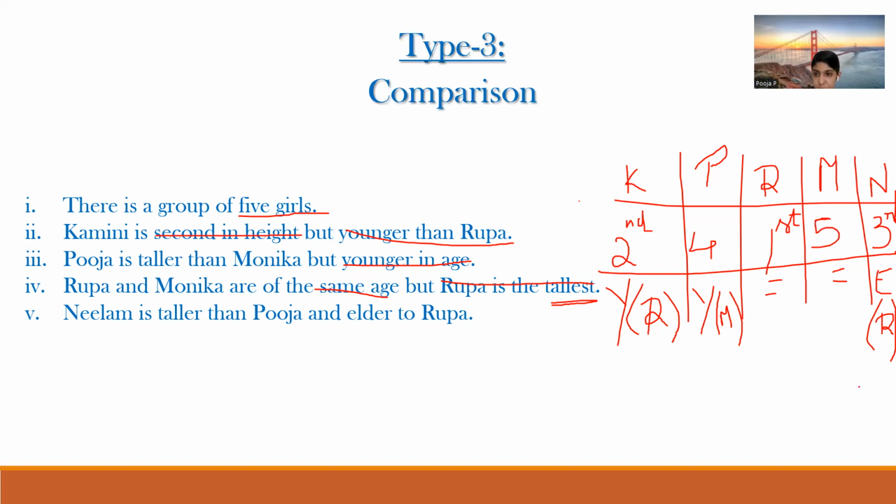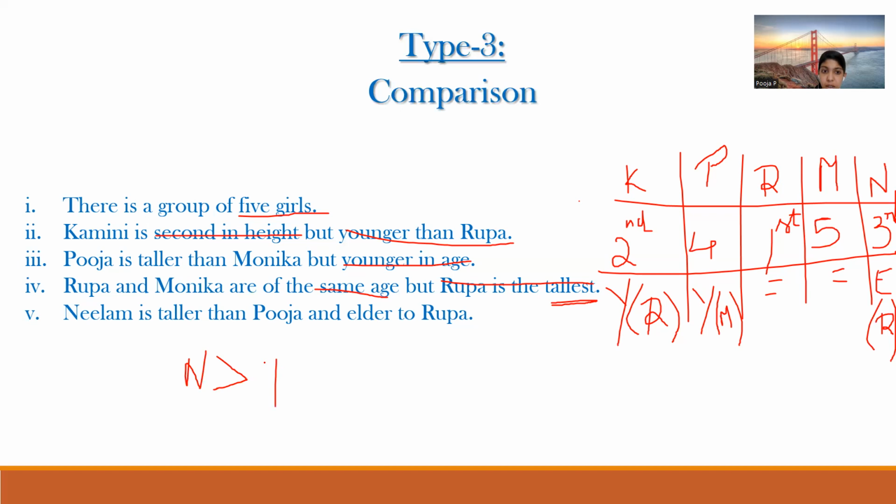Now coming to age. Who is the oldest? Neelam. And who comes after Neelam? So Kamini is younger than Rupa, which means she's also younger than Monica. Pooja is also younger than Monica, which means she's also younger than Rupa. Which also means Rupa and Monica are older than Pooja and Kamini.